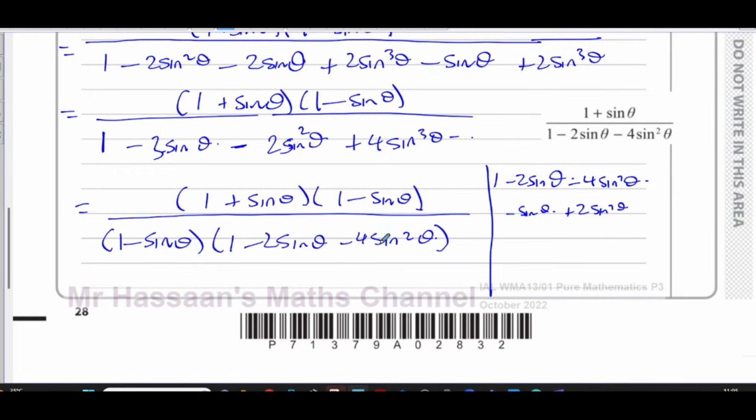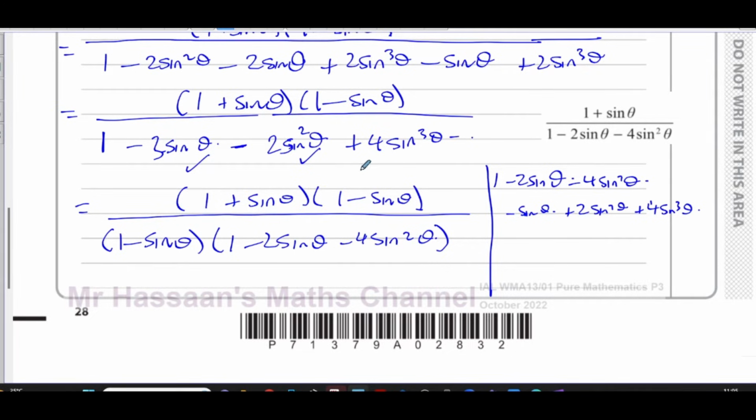Then you have plus 4 sine cubed theta. Now, does that simplify to this? Well, you have minus 2 sine theta minus sine theta, that gives you minus 3 sine theta. That's fine. And then you have minus 4 sine squared theta plus 2 sine squared theta, that gives us that. That's fine. And yes, so we verified that this is the same as this thing factorized.